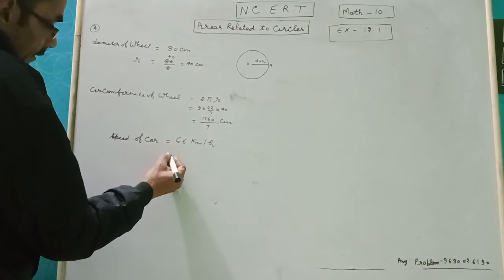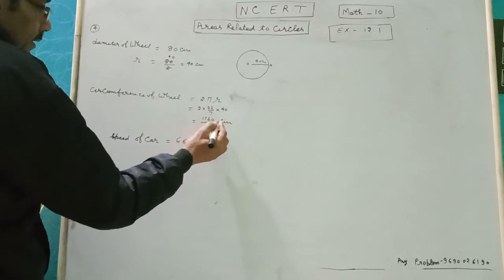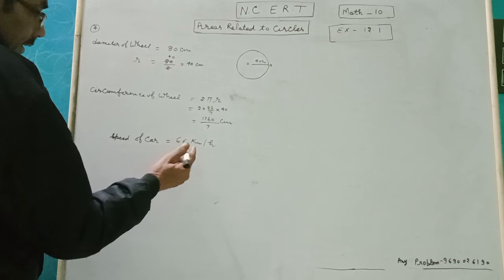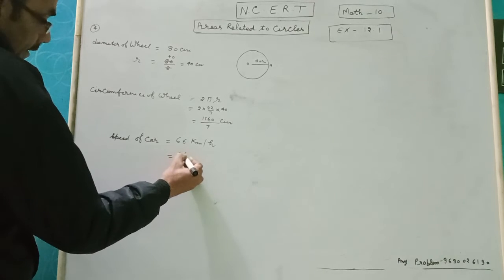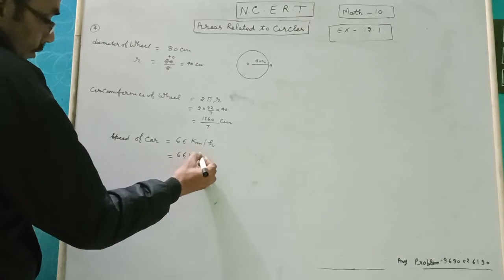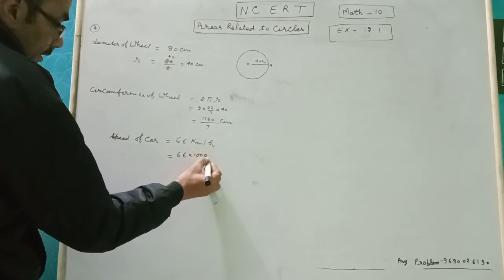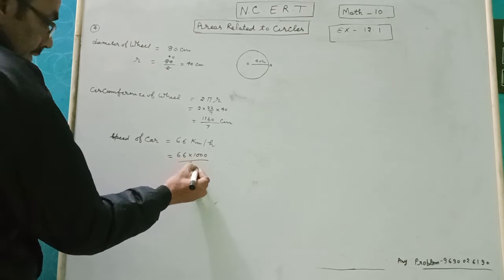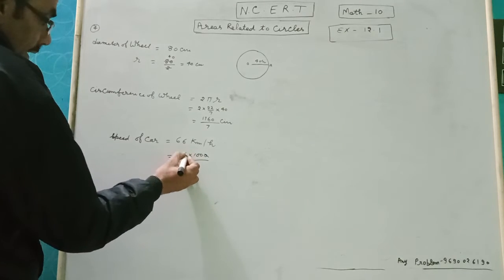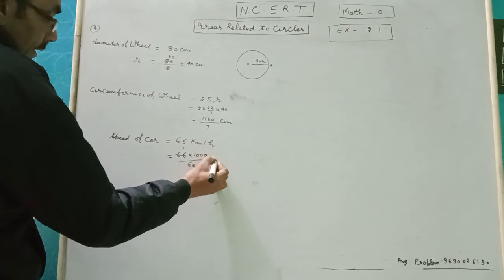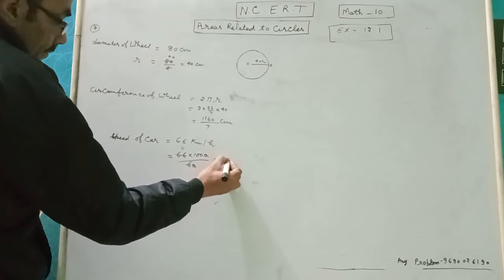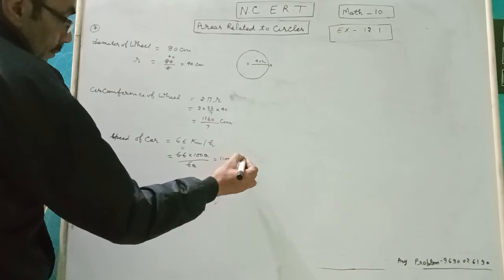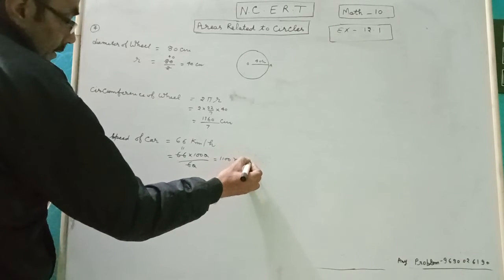Changing the speed, since circumference is in cm and speed is in km: 66 into 1000 upon 60, which gives 11,000 meter per minute.